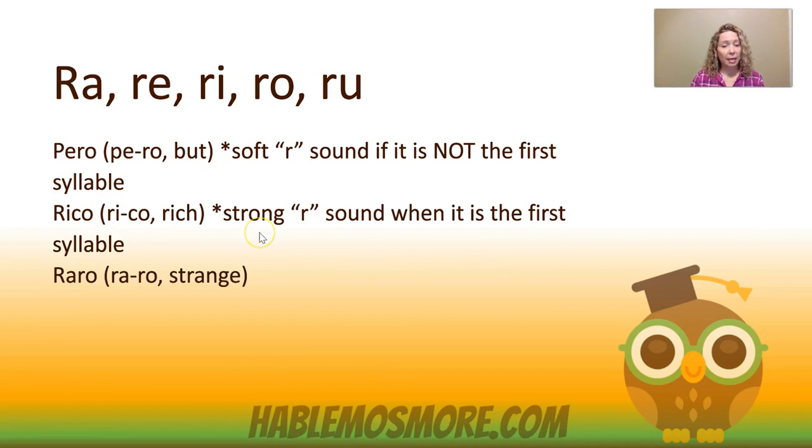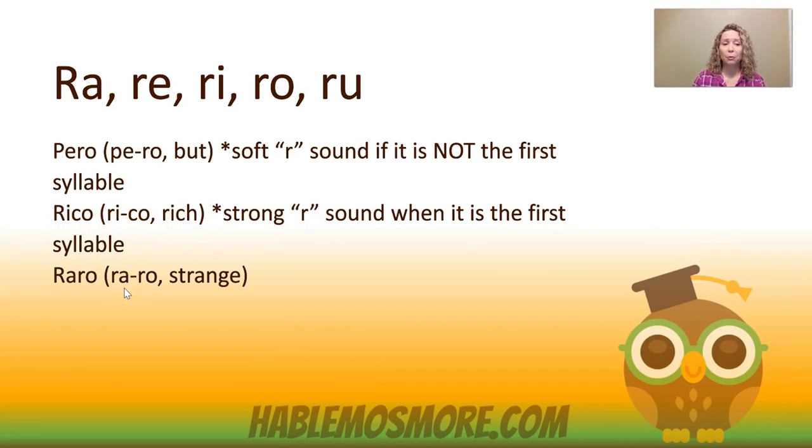Then if the R makes part of that first syllable, then it's going to be a strong R sound. Let's practice those sounds. Ra, re, ri, ro, ru. Rico, which means rich.